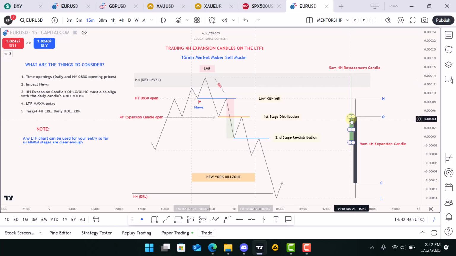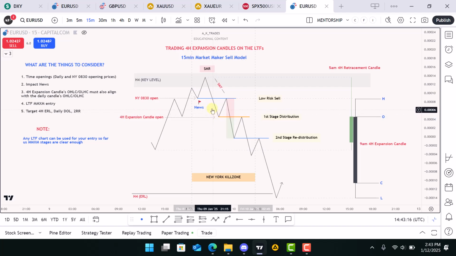What do I mean by it closed as a reversal candle? Now when price reacted to the 4-hour internal range liquidity or order block, what we are expecting is a reversal signature or a confirmation in the lower time frame to tell us that actually price is reversing off that particular 4-hour key level. Now this is where we drop down to a 15-minute chart and look out for a change in state of delivery to actually tell us that price is going lower.